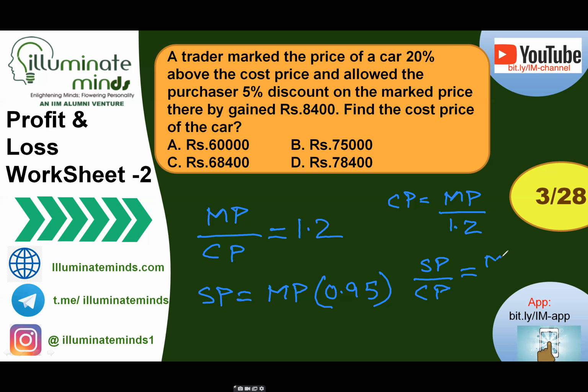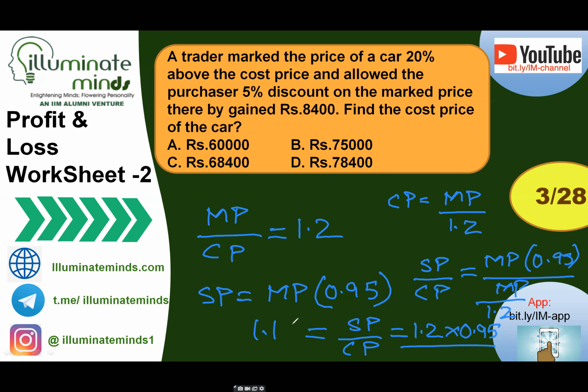So this will become MP into 0.95 divided by MP into 1 divided by 1.2. SP by CP is equal to 1.2 into 0.95. Right guys? So 1.2 into 0.95 will give me 1.14. That means 14% profit.